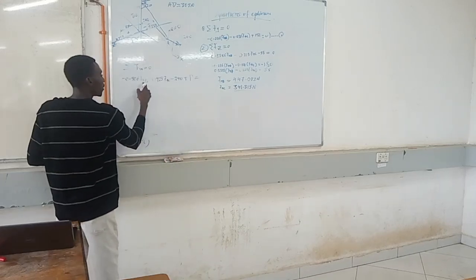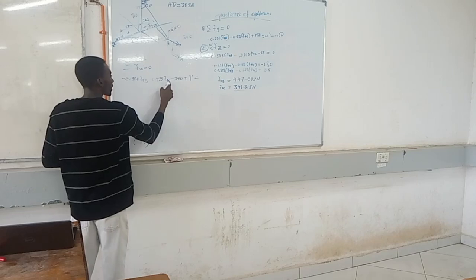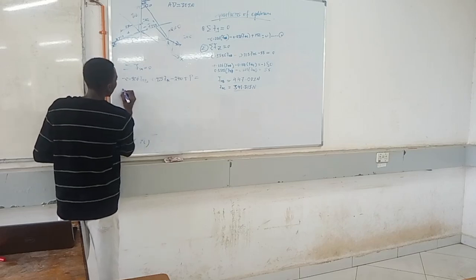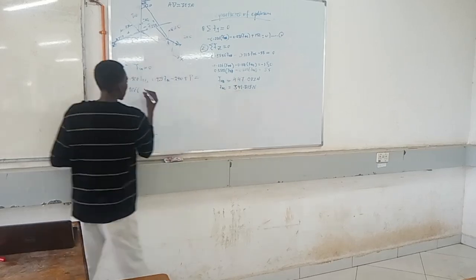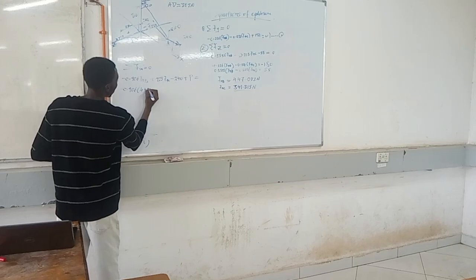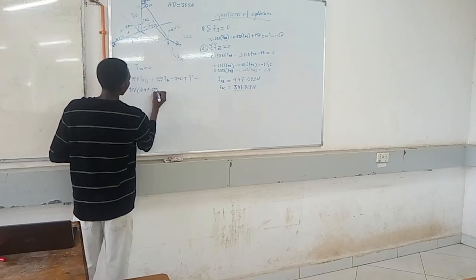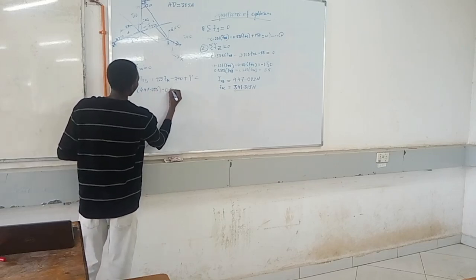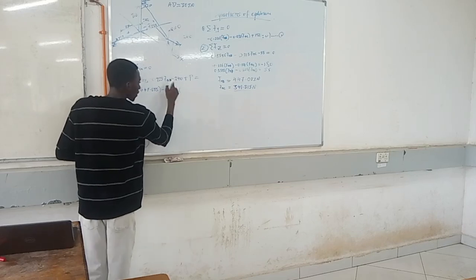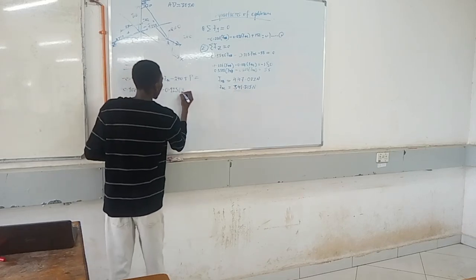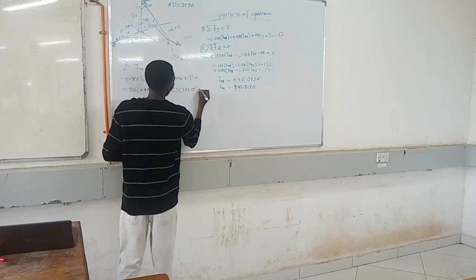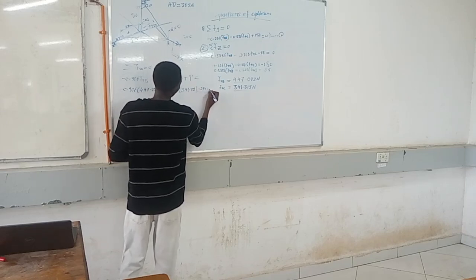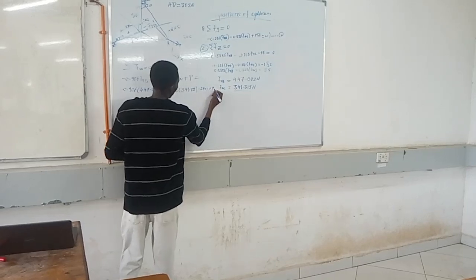So now, on these two forces, you're going to do the replacement. Therefore, it's going to be negative 0.906. Where there is force AB, you're going to replace with what you have found, which is 447.083, minus 0.923. Force AC, you're going to replace with 341.815, minus 240, plus P.